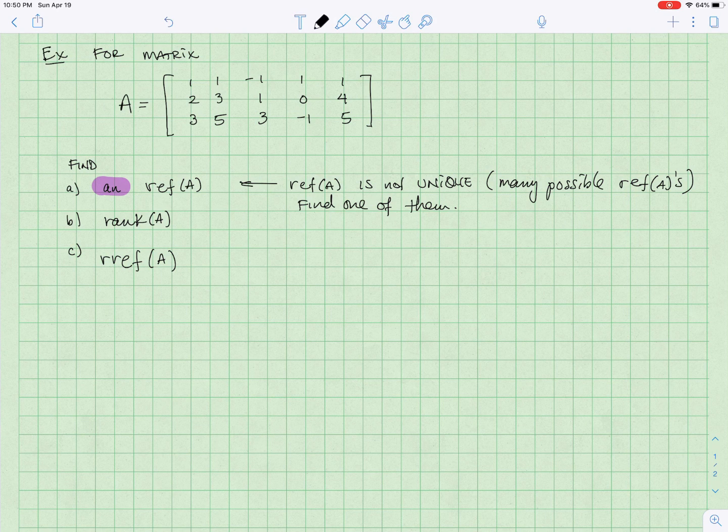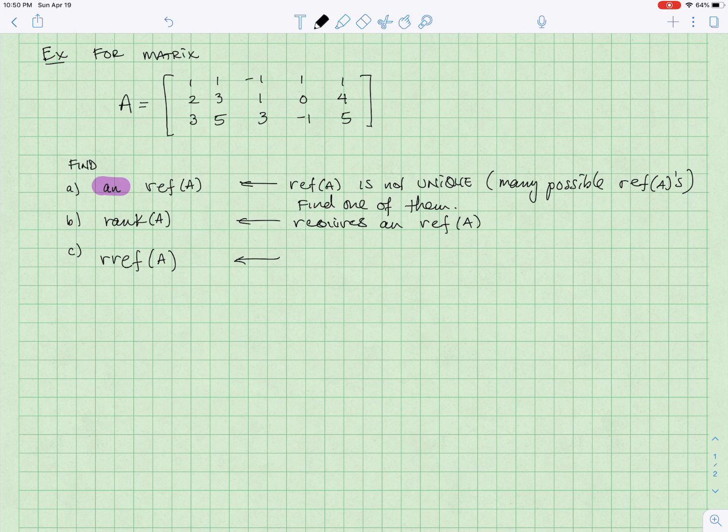The definition of rank is the number of non-zero rows in any REF form. So we can't actually call out the rank of A until we do part A of this problem. So rank A requires an REF A.